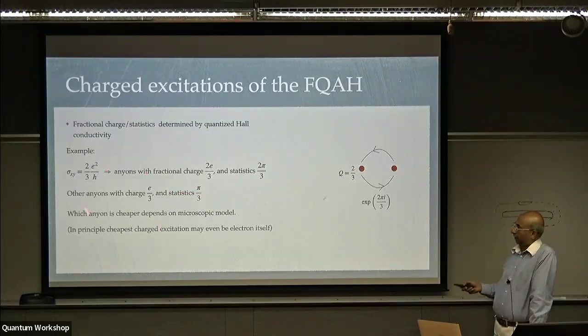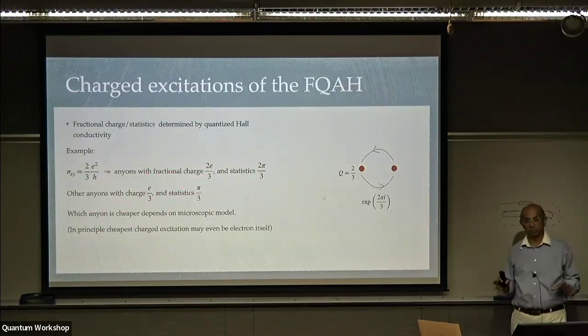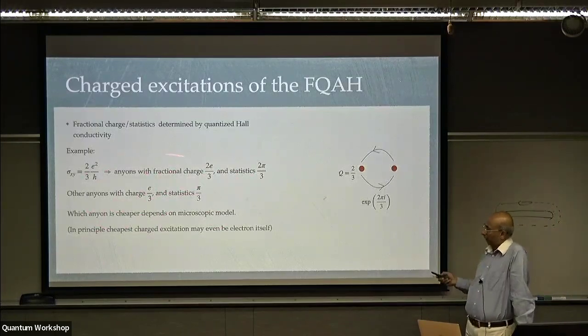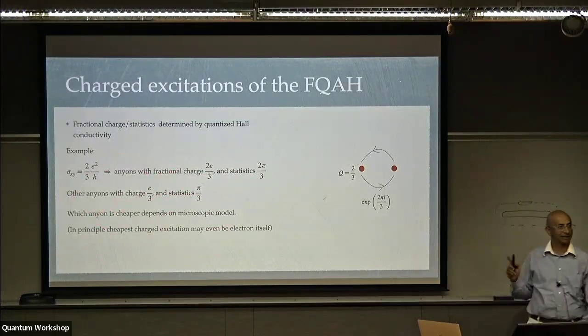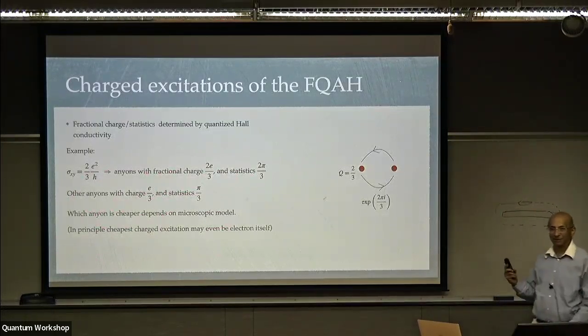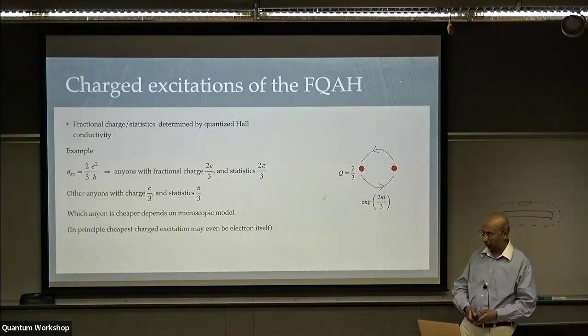And there are other anyons which have a smaller fractional charge e/3 and statistics π/3. And it's an energetic question which anyon is cheaper in any given system, right? And in principle, if you play around with the Hamiltonian, it may even happen that the anyons are not the cheapest excitations. The cheapest excitation may very well be an electron. That will require some exotic interaction, but it's not ruled out as a matter of principle.